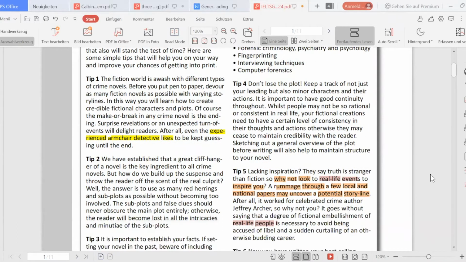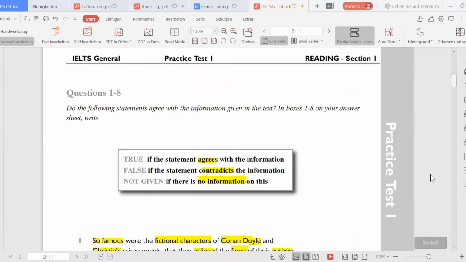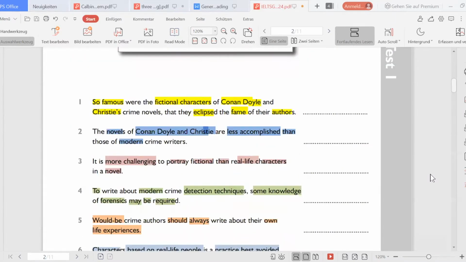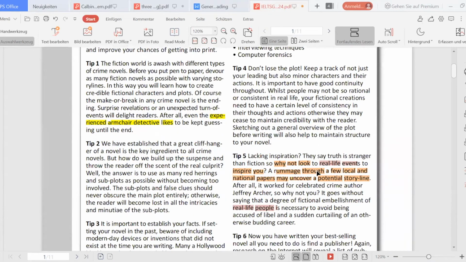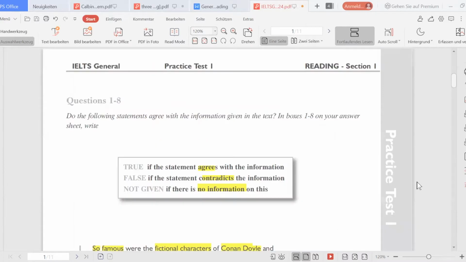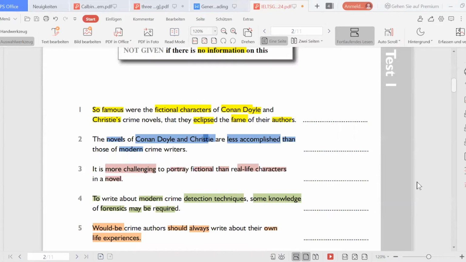The only time you will come across these keywords, real life characters, is here in tip 5. Okay, so they say, "Truth is stranger than fiction, so why not look to real life events to inspire you? A rummage through a few local and national papers may uncover a potential storyline." That really has nothing to do with the statement, "It is more challenging to portray fictional than real life characters in a novel."